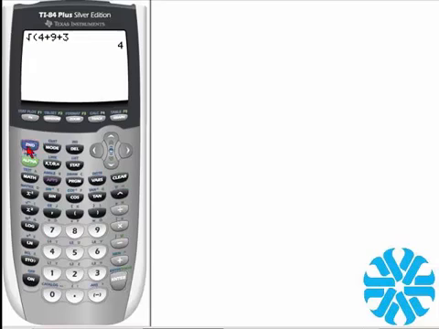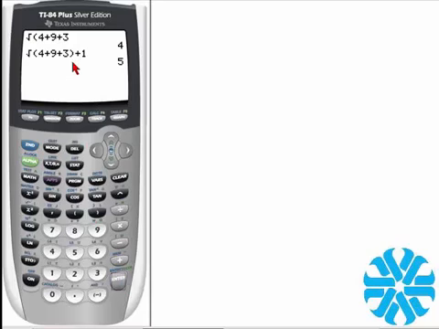So we take the square root of 4 plus 9 plus 3, and we want to add that to 1. We definitely need to close the radicand here and add 1 to it. So what that's going to be is this answer, which is 4, plus 1, which will be 5. And there we have it as 5.